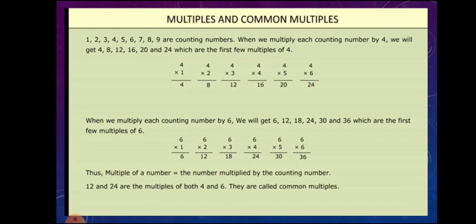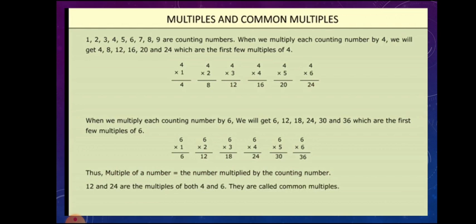Next is multiples and common multiples. Here, children, 1, 2, 3, 4, 5, 6, 7, 8, 9 are counting numbers. When we multiply each counting number by 4, we get 4, 8, 12, 16, 20 and 24, which are the first few multiples of 4.